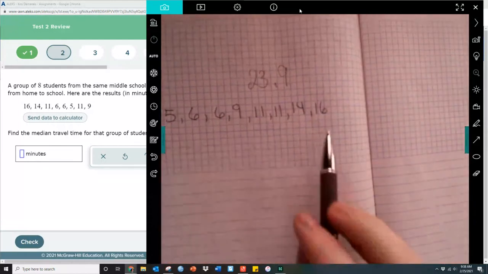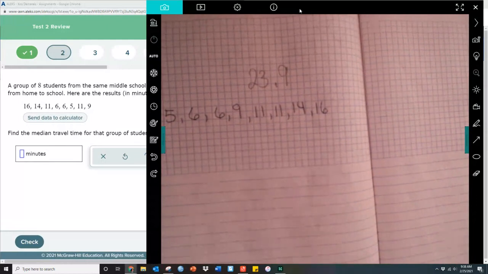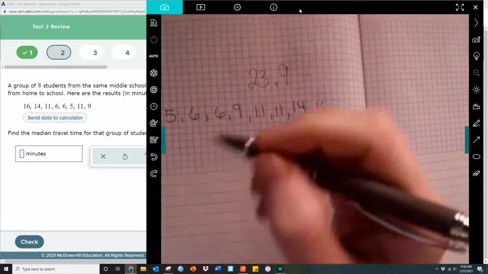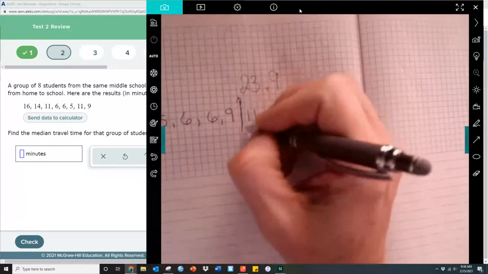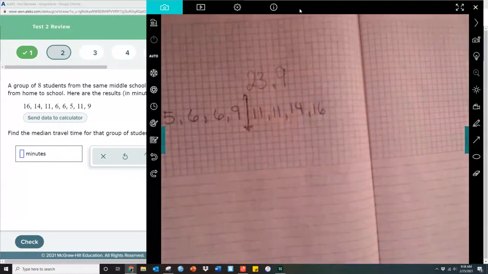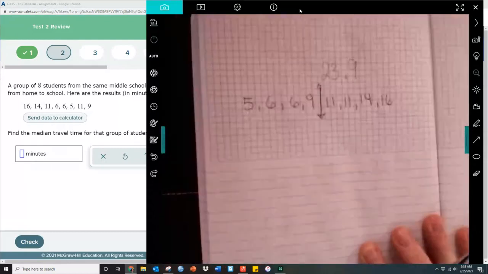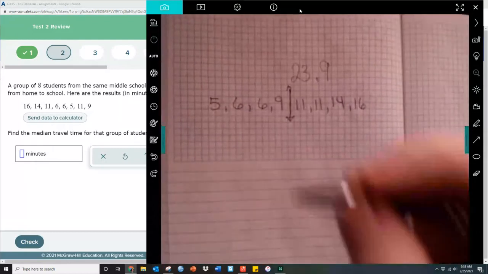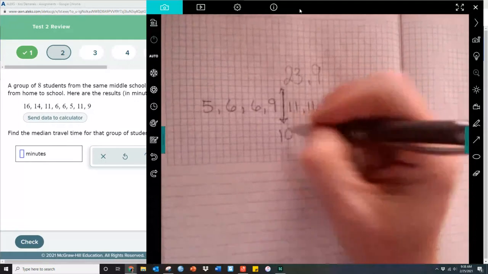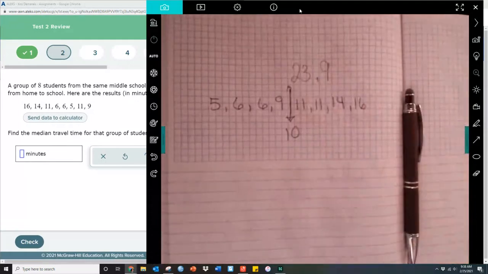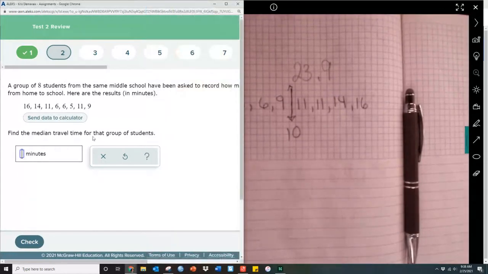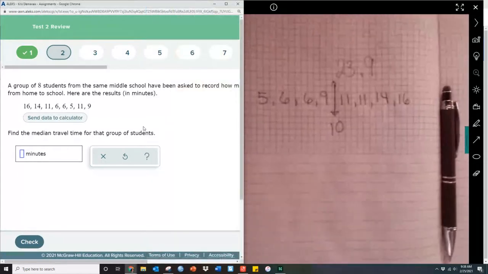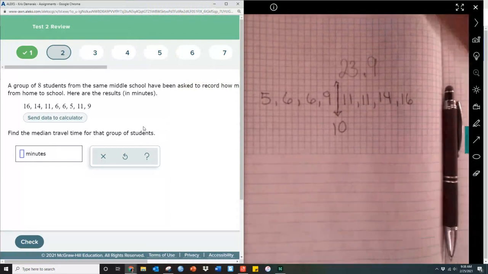Now, there's 8 numbers here. Since there's 8 numbers here, the median is going to be between these 2 numbers. Right? I just split it right in half. So then that means 10 has got to be my number because 10 is in between 9 and 11. So I want to go ahead and put that answer in. So we're going to put 10.